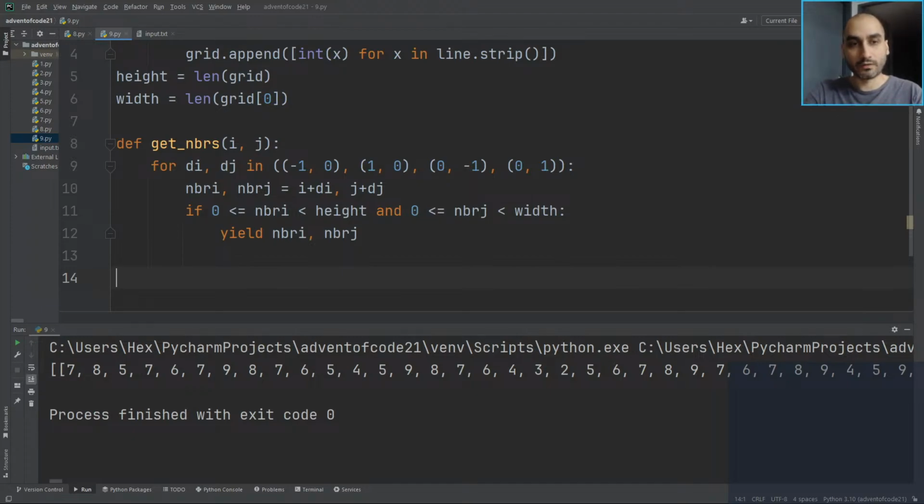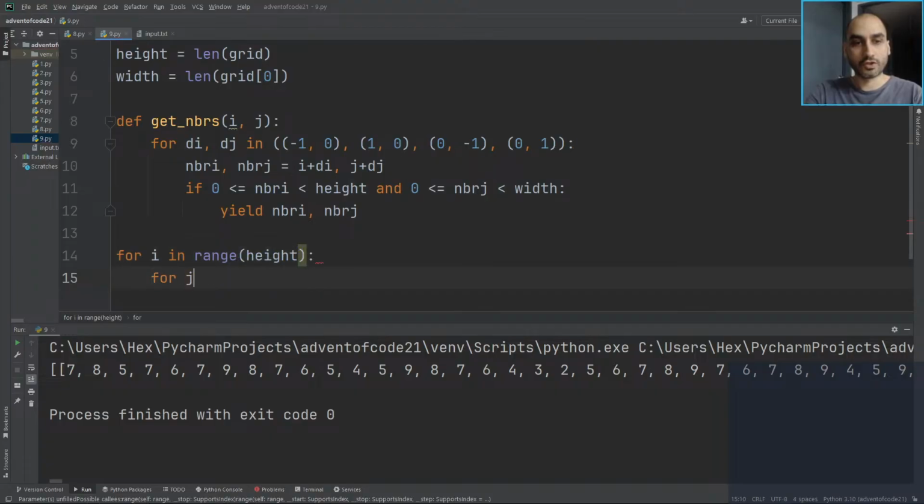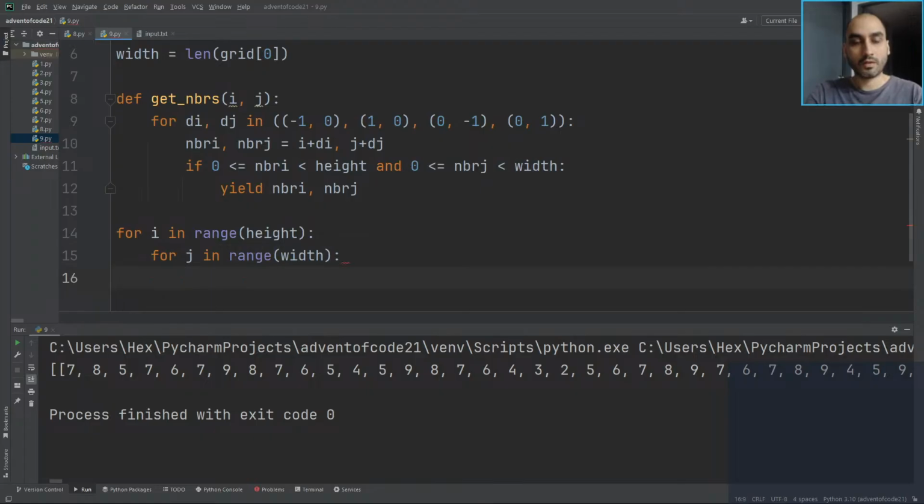So the process goes: for i in range height, for j in range width, we want to check the grid.